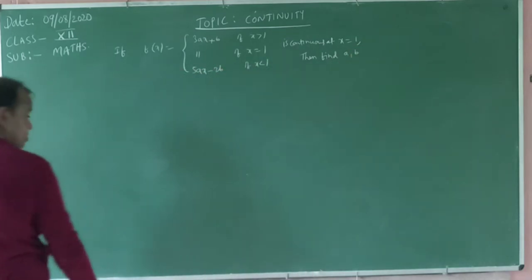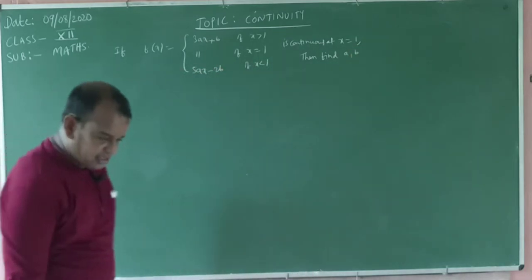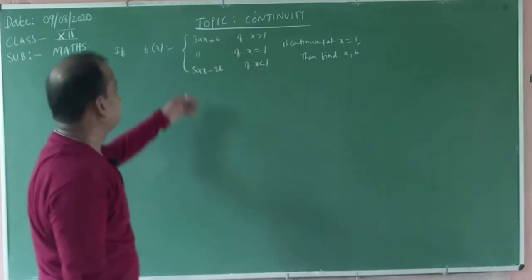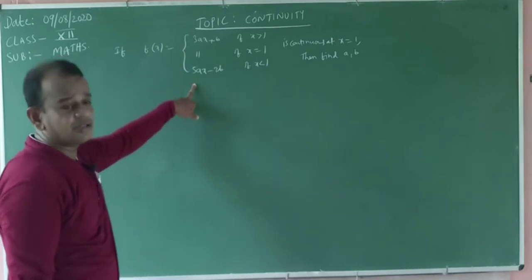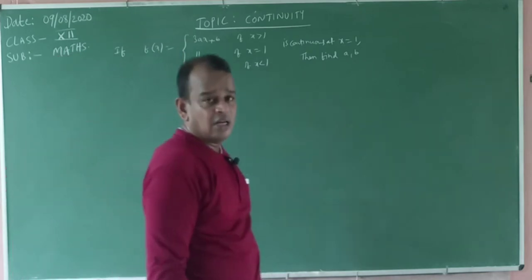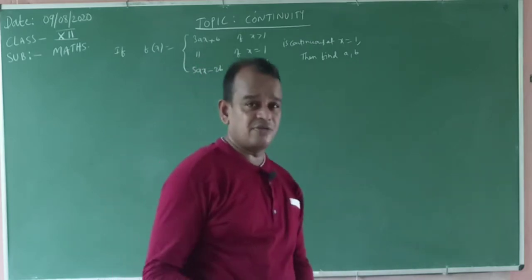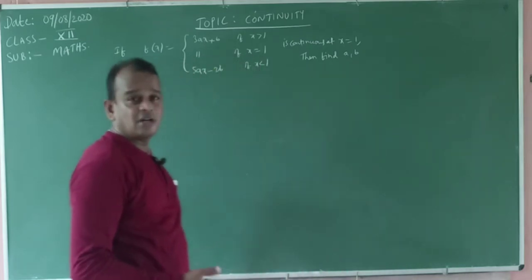Okay, my dear students, it is already given that it is continuous. Now there is more than one function, for x greater than 1 and x less than 1, so we must find the LHL and RHL at x is equal to 1. Those are equal to the function value. Why? Because it is continuous, clearly given.